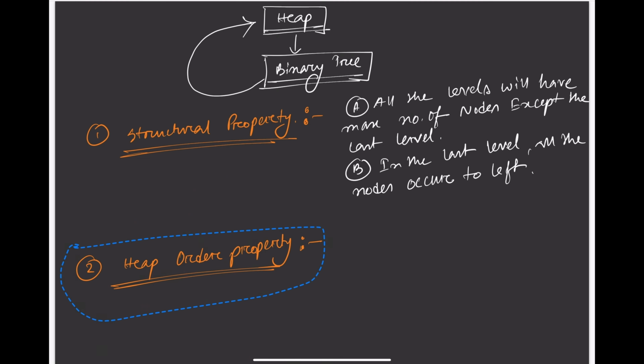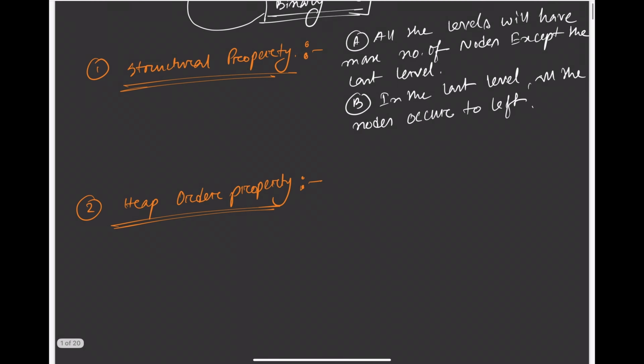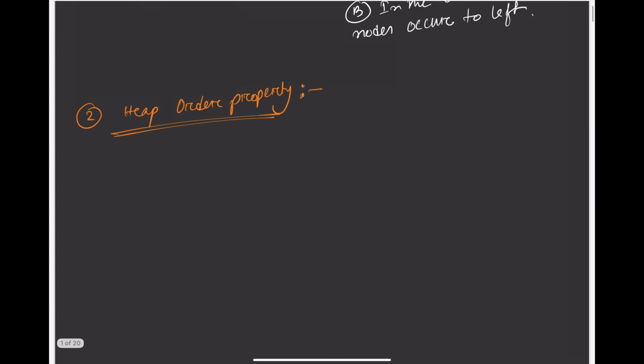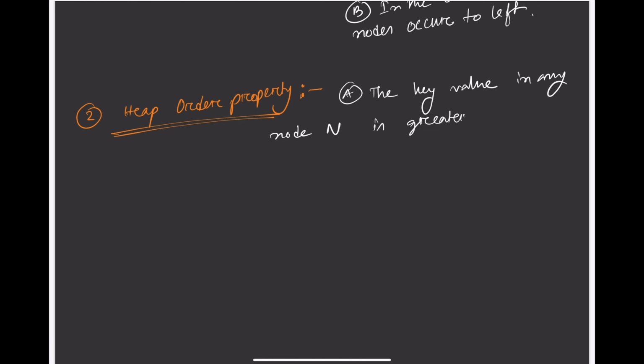And what is the heap order property? It is nothing but the key value in any node n, for example, is either greater than or smaller than or equal to the key values in both its children.